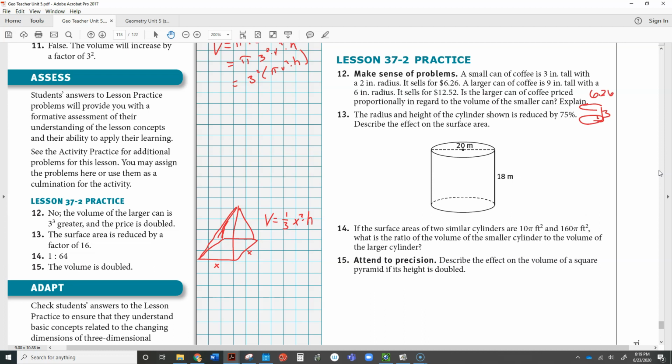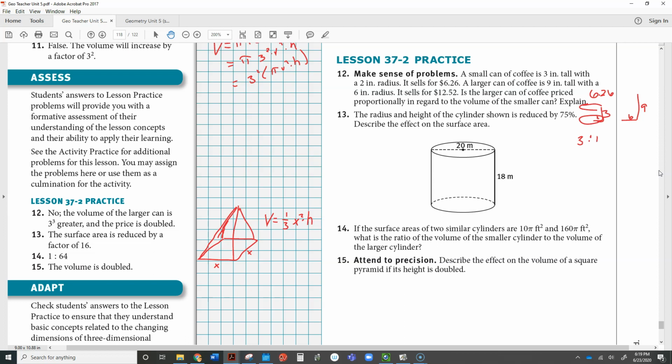And the larger can of coffee is 9 inches tall with a radius of 6. So we've got 3 inches tall and 9 inches tall. That's multiplied by 3. And then we've got 2 inches radius, 6 inches radius. That's also multiplied by 3. So all the measurements changed by 3. So it's a scale factor of 3 to 1.